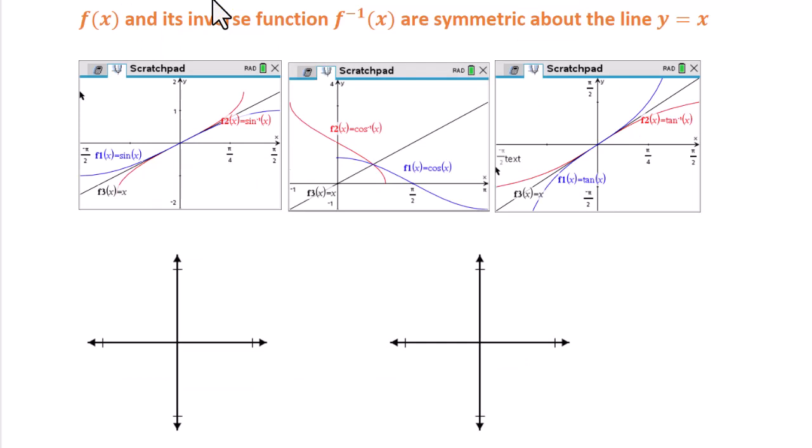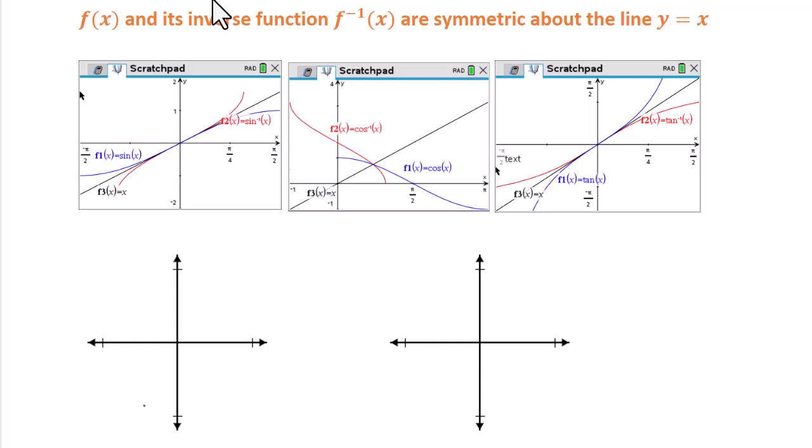As we know, f of x and its inverse function are symmetric about the line y equals x. The following three pictures show that the three trig functions and their inverse trig functions are symmetric about y equals x.